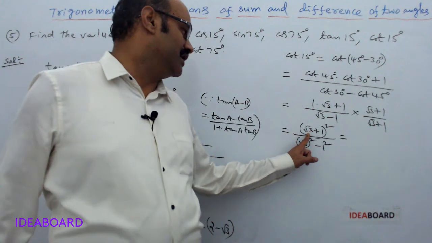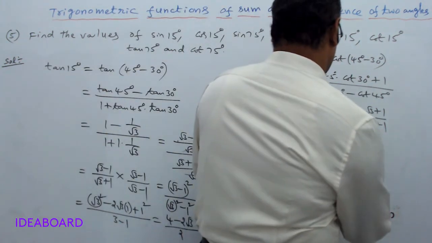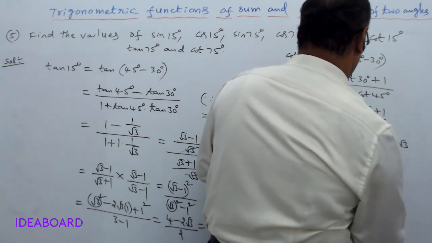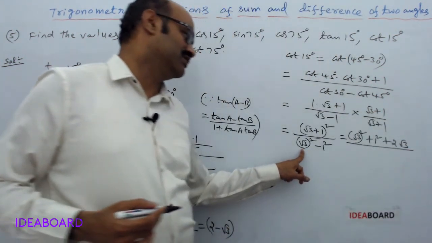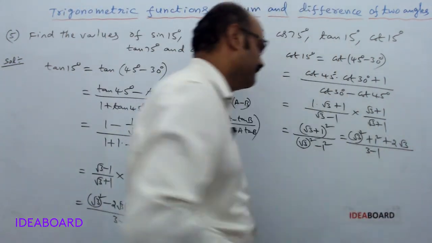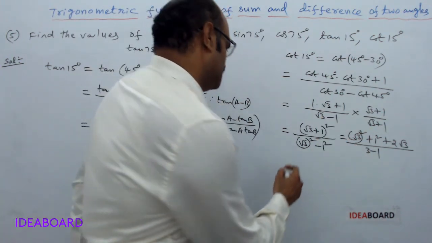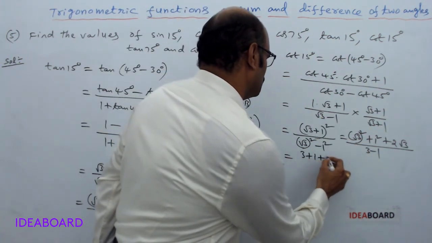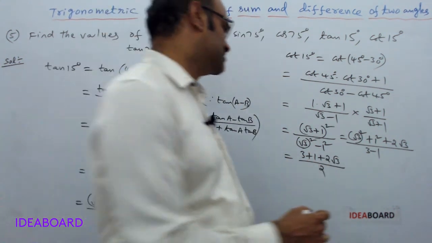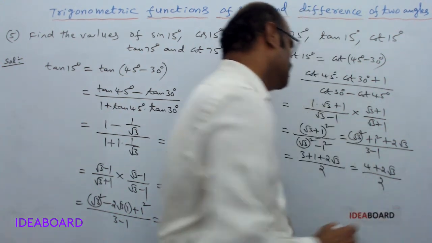The a plus b whole square formula is a square plus b square plus 2ab, so root 3 whole square plus 1 square plus 2 root 3, whole by 3 minus 1. Root 3 whole square equal to 3, so 3 plus 1 plus 2 root 3 whole by 2, which is 4 plus 2 root 3 by 2.